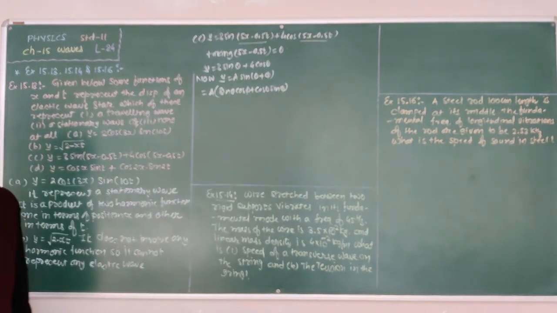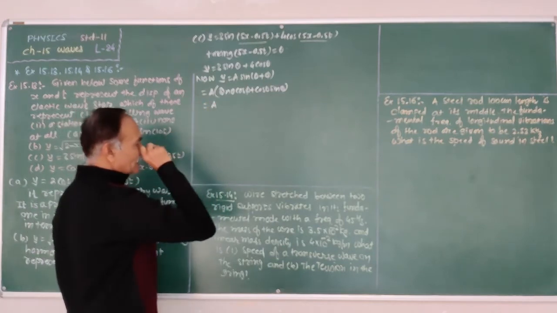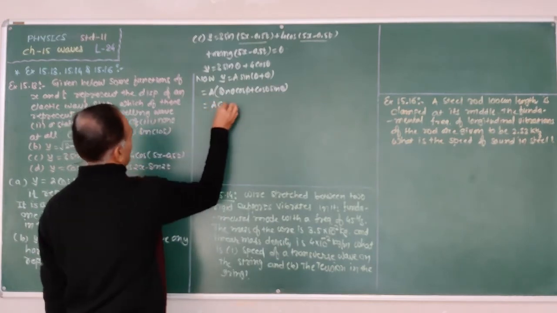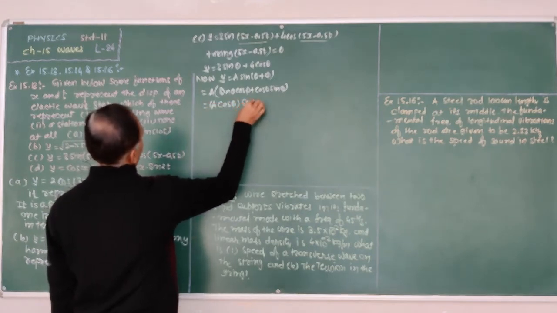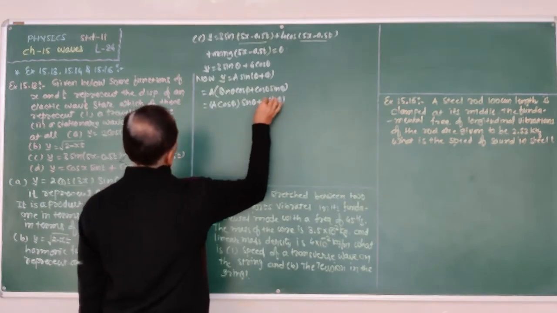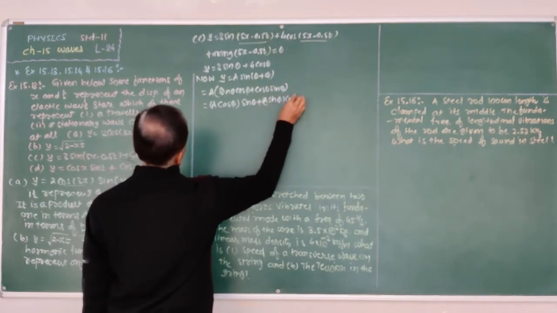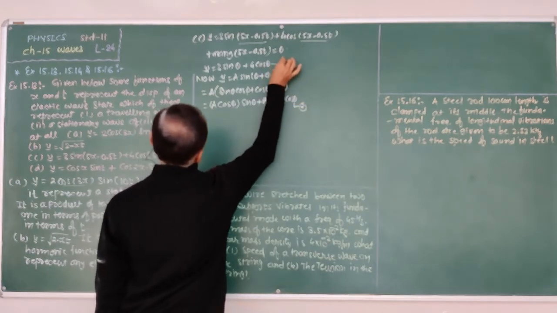So we can write it as a cos phi into sin theta plus a sin phi into cos theta. That is our equation number 2. That is our equation number 1.